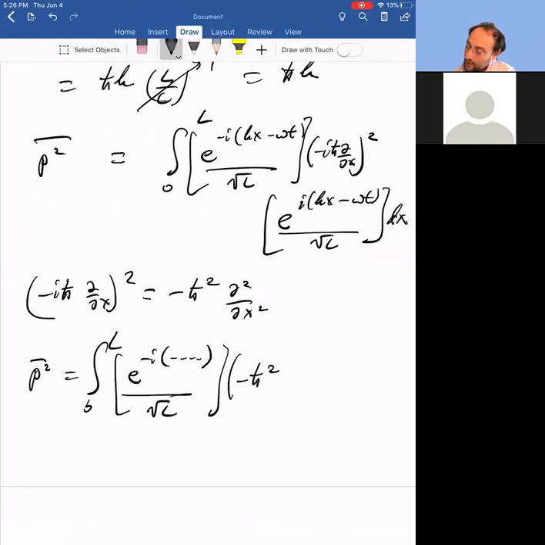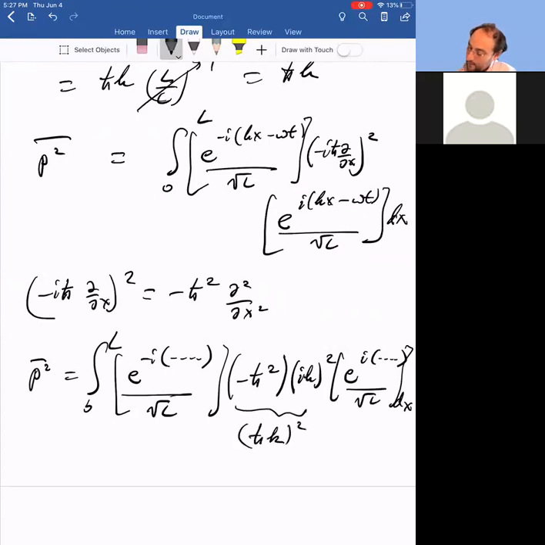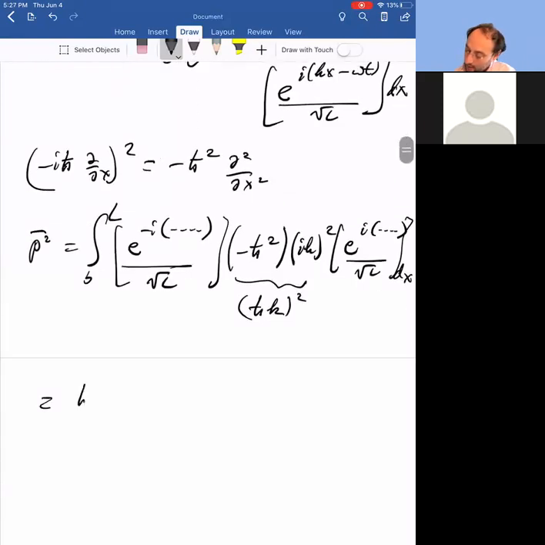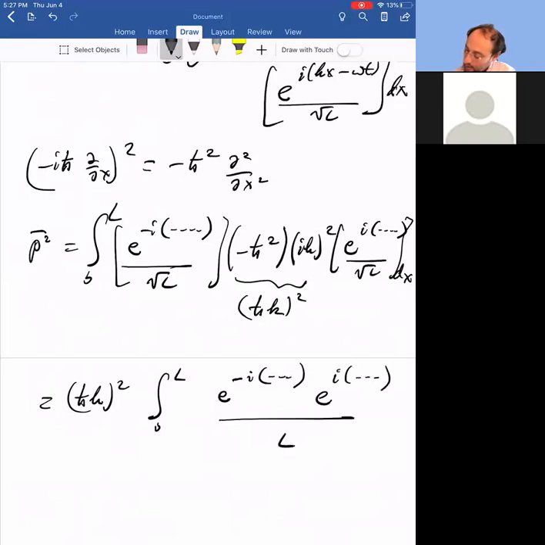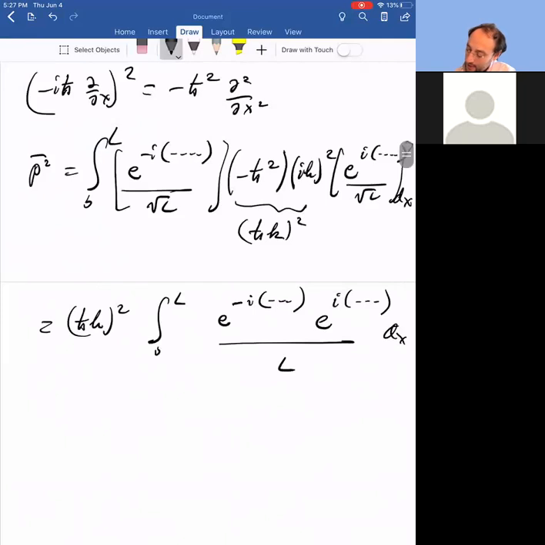And when you take two derivatives of e to the i kx, you're going to get (ik) squared, and then e to the i over root L dx. This gives you h bar k quantity squared. And so you get h bar k squared, integral from 0 to L, e to the minus i, blah, blah, blah, e to the i, blah, blah, blah, over L dx. And again, you get h bar k quantity squared.